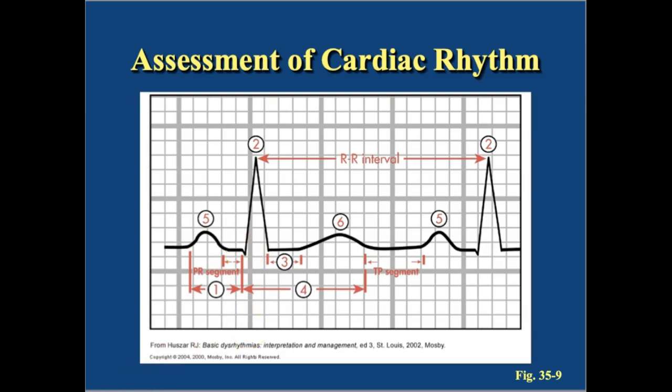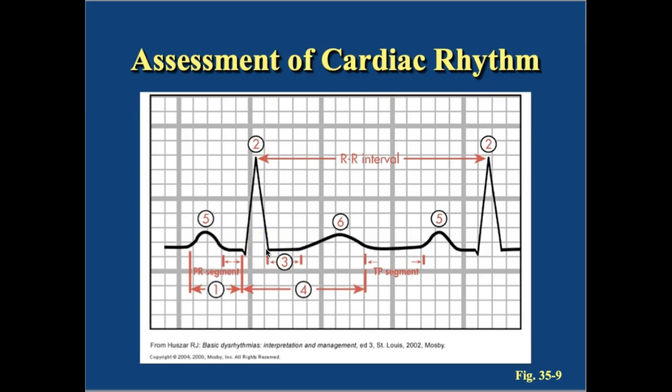The next thing you're going to measure is your QRS interval. Your QRS interval is measured from the beginning of the QRS complex to the end. So even though it goes up here, you're going to take your calipers and you're going to measure from here to here. And the normal needs to be less than 0.12.